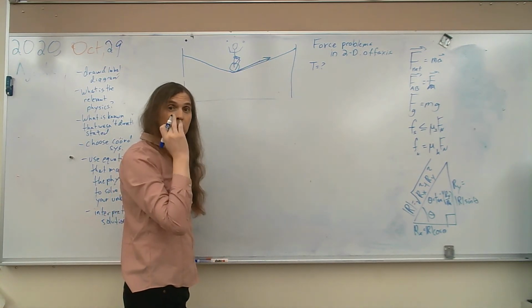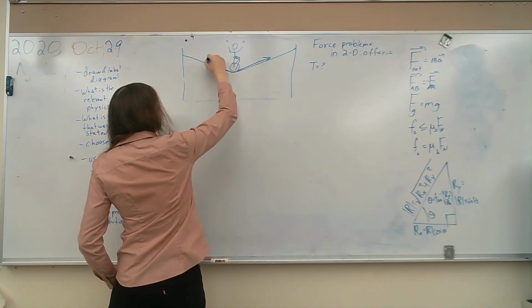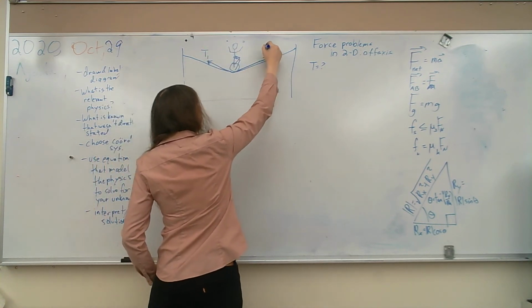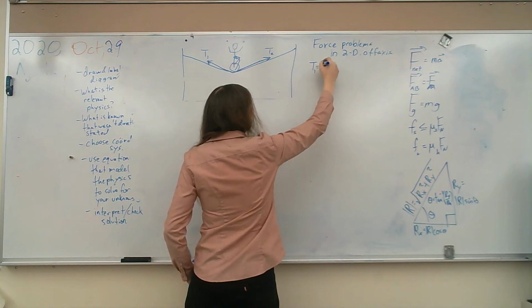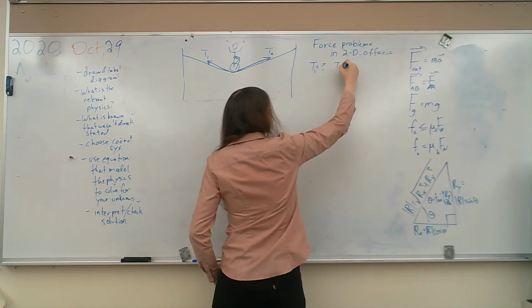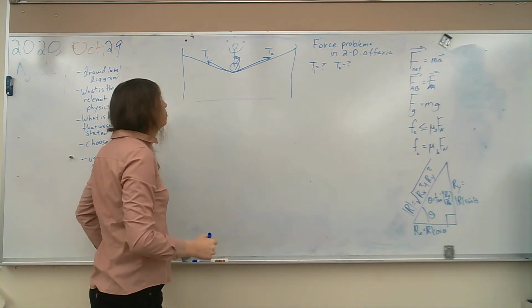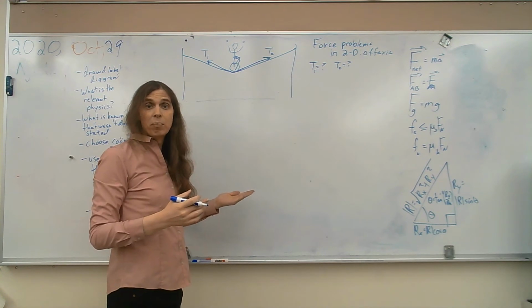We'll see in a moment how this is the case, but it could be that they're different. So I'm going to label this T1 and this T2. So we actually may be interested in 2 different tensions in this problem.